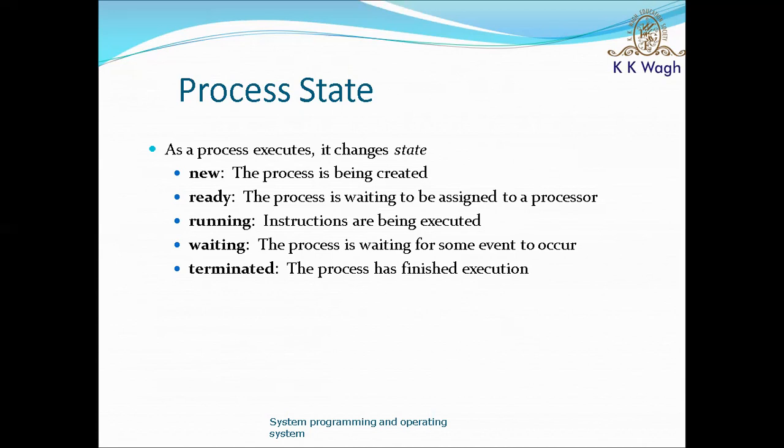Waiting means the process is waiting for some event to occur. Terminated means the process has finished its execution. Ready means the process is not running, however it can execute if a CPU is allocated to it. And new means the process is being created.